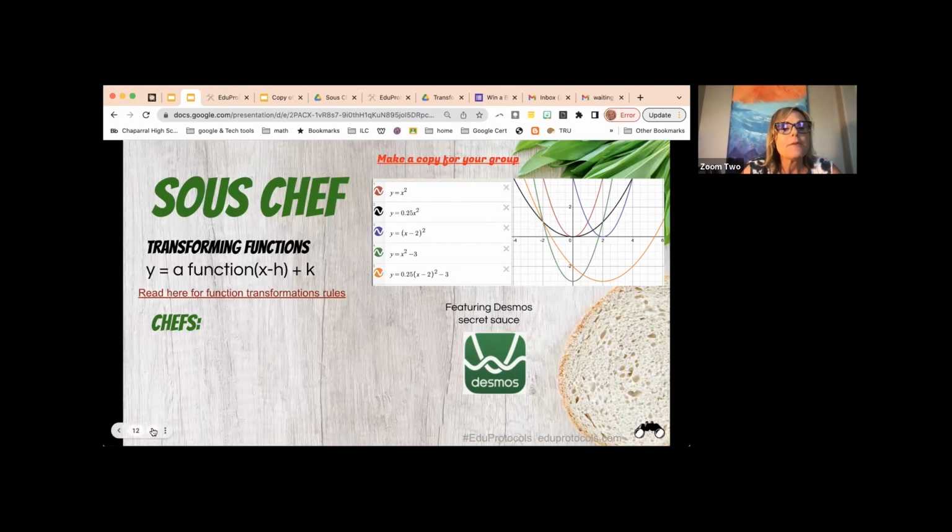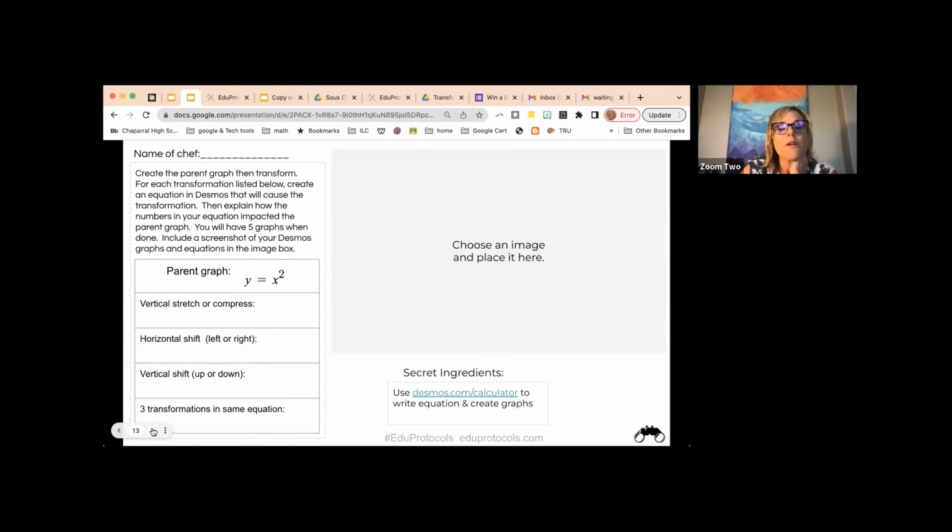And this is a topic where with functions, there's an overarching principle that applies to all functions when you transform them. So another way to think of a jigsaw, rather than individual terms like you guys did with the angles, maybe there's an overarching concept and you want them to demonstrate that concept using different examples.